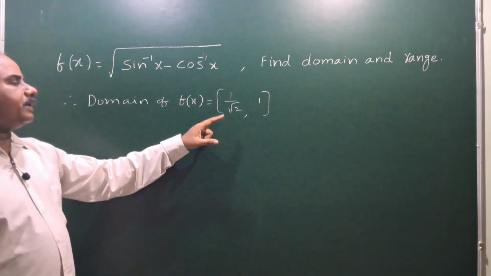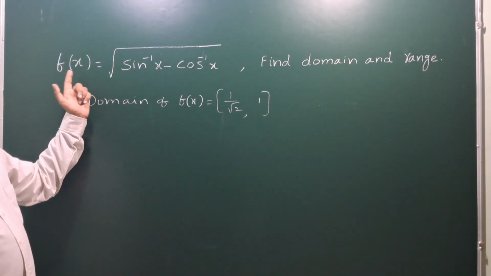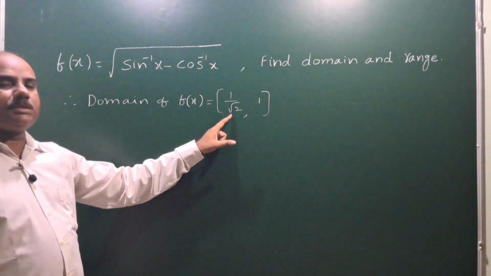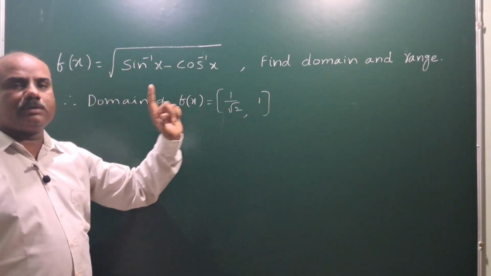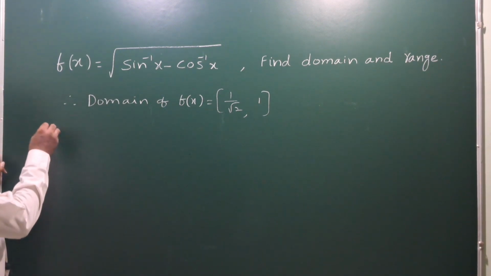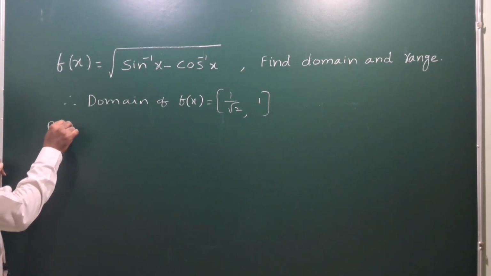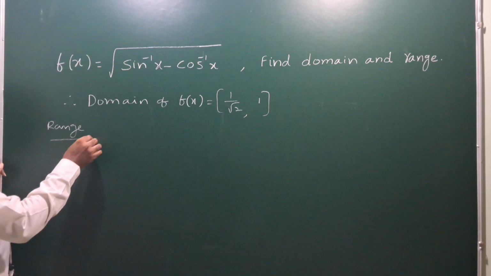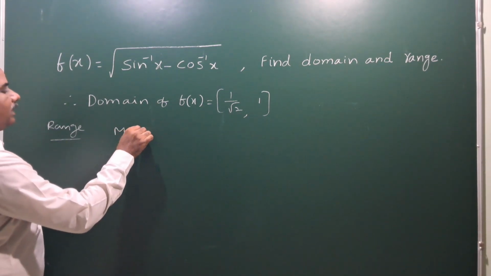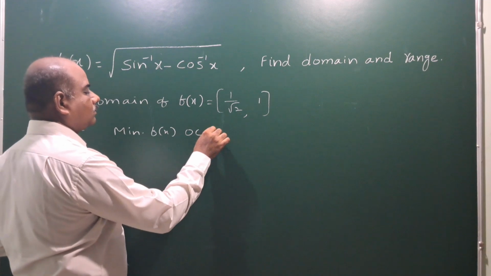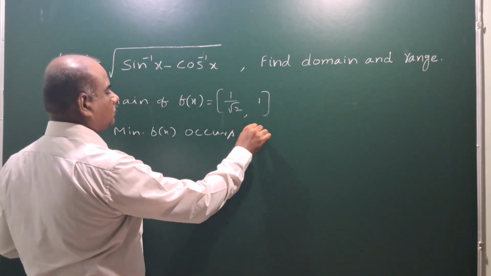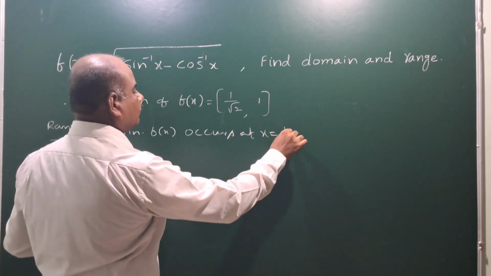That means the minimum value of f(x) occurs at x equal to 1 by root 2 and the maximum value of f(x) occurs at x equal to 1. So let us find the range of f(x). The minimum value occurs at x equal to 1 by root 2.